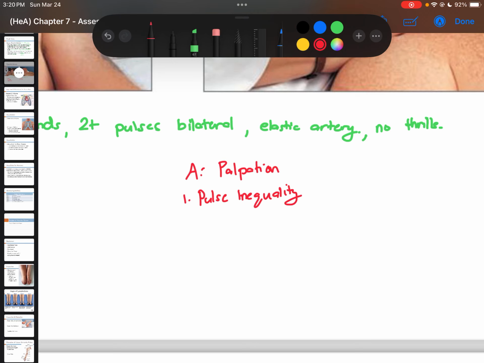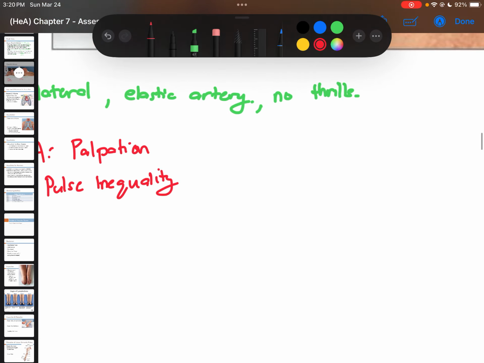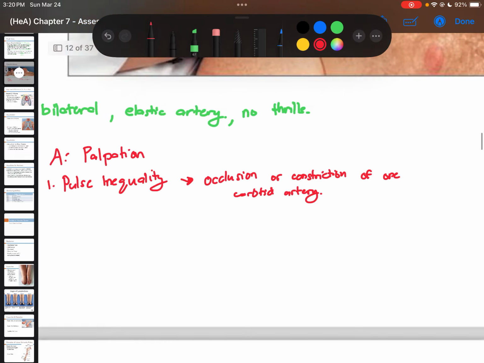When we say pulse inequality, we are referring to one side being stronger than the other. For example, the left side is much stronger than the right. Pulse inequality is caused by occlusion, meaning blocked, or constriction of one carotid artery, whether the right or the left.